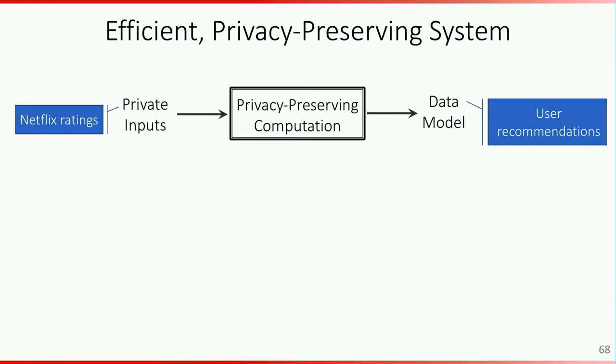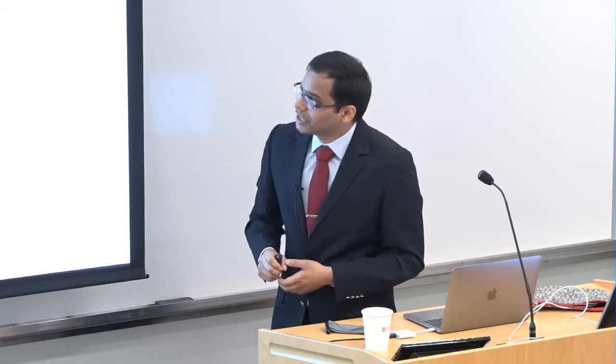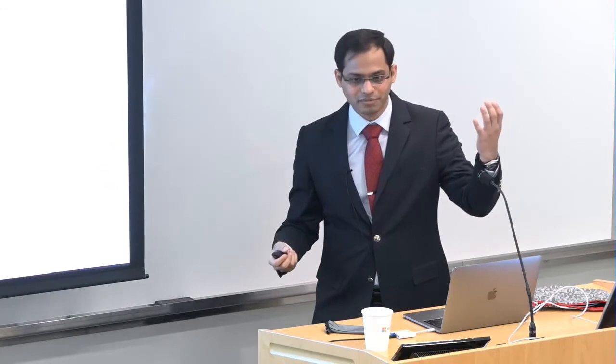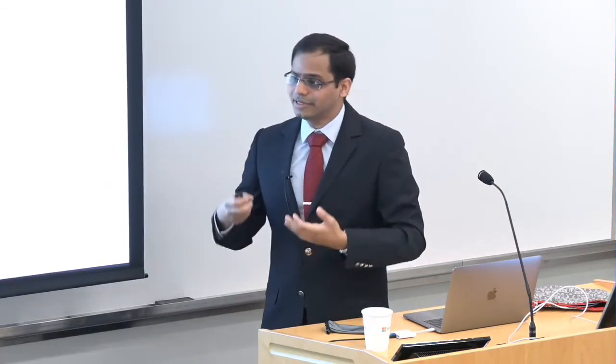For instance, we considered Netflix ratings as our private inputs, and user recommendations as the output. But in an actual system, you may end up revealing this information through other auxiliary means. For example, in the Netflix example, just the fact that you're streaming movies from Netflix already tells it that you're watching this movie. And that, in practice, can hurt you.